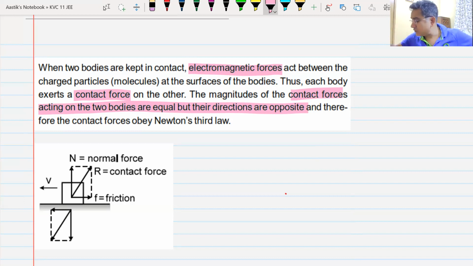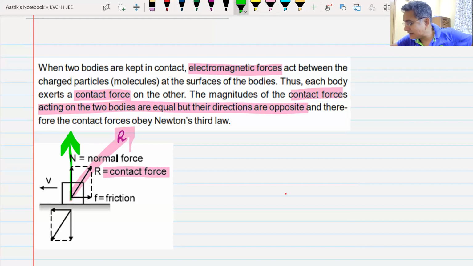Now this contact force, which you can see drawn here, this R is the contact force. This contact force R can be resolved into two components. One component of this R is perpendicular to the two bodies, and it is known as the normal reaction force or the normal contact force.